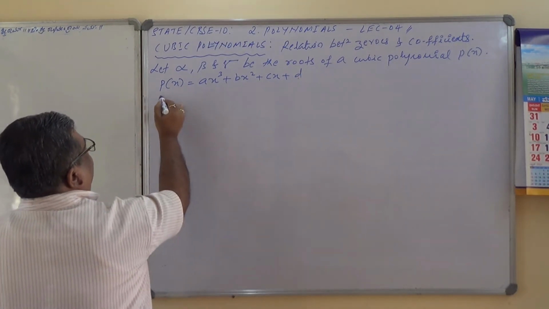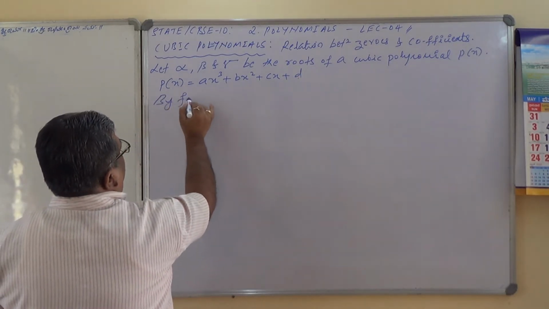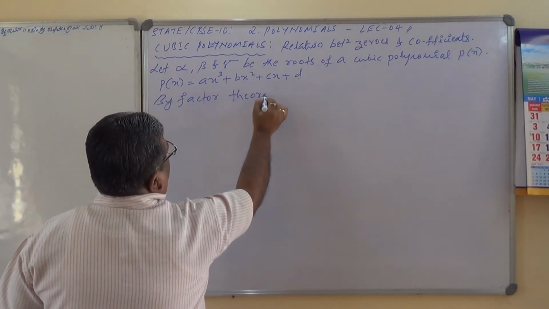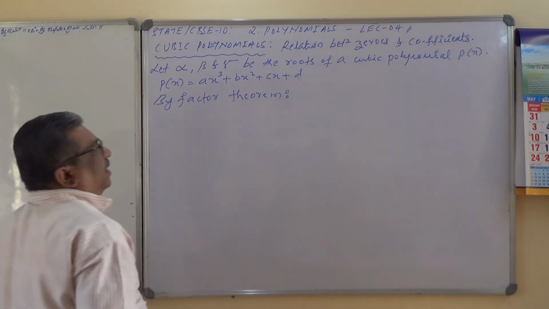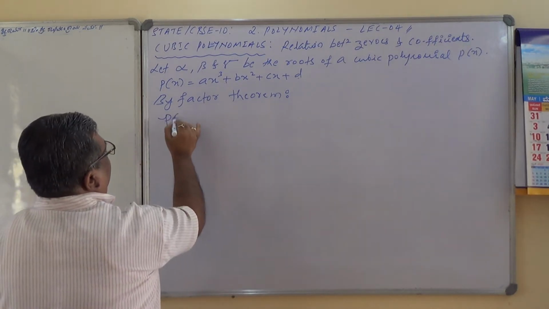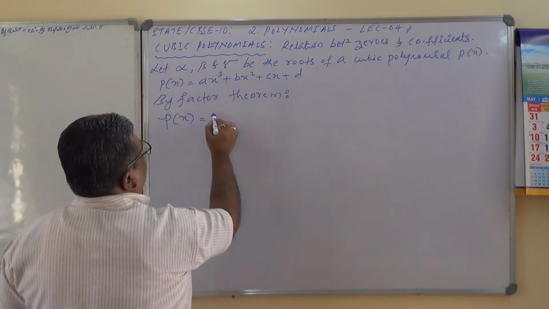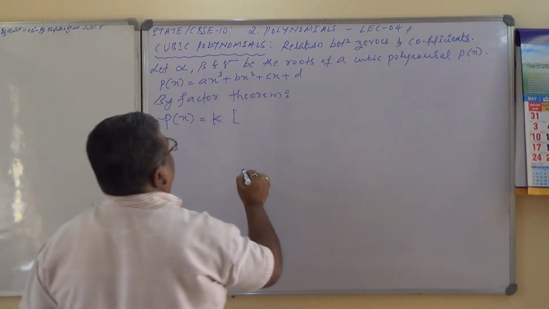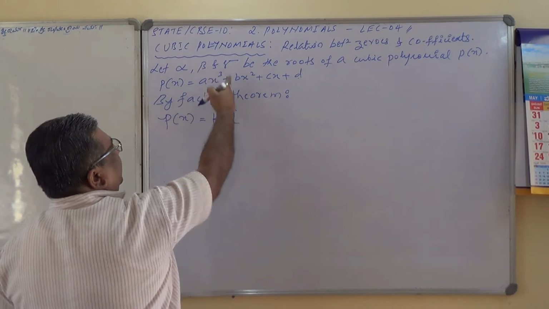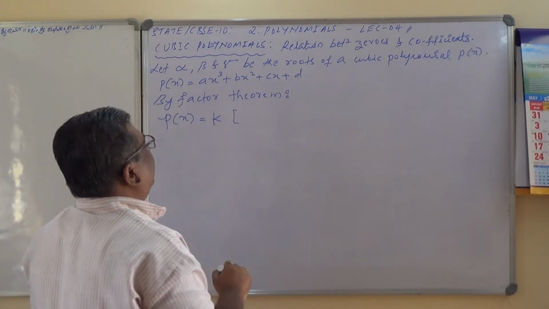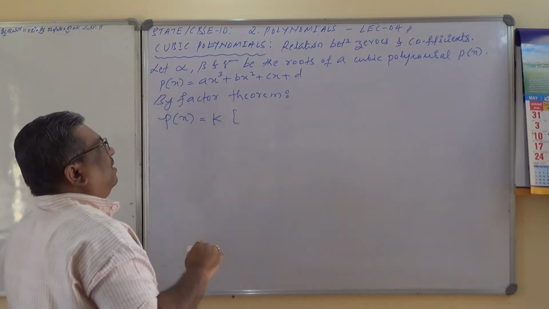By factor theorem, what can we write? P of x equals k times... see, if alpha, beta, gamma are the roots, then what are the factors? X minus alpha, x minus beta and x minus gamma are the factors.